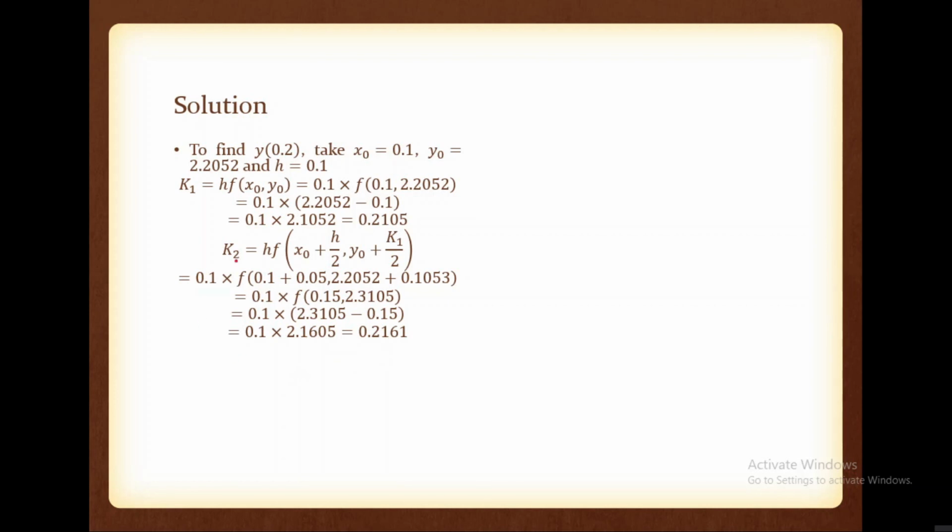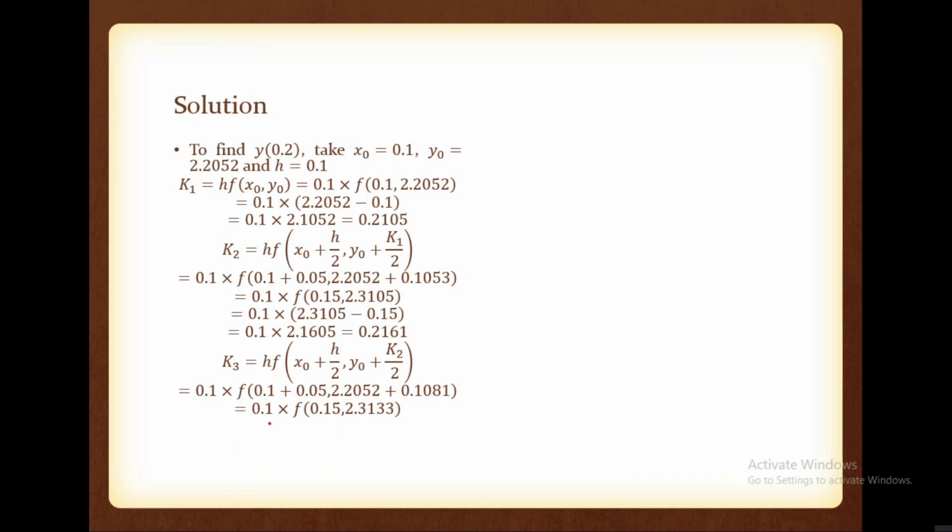So this is k2. Now k3 is equal to h into f of x0 plus h by 2, comma y0 plus k2 by 2. We already have x0 plus h by 2, that is 0.15. Now we have to find y0 plus k2 by 2, that is 2.2052 plus 0.2161 divided by 2, so k2 by 2 is 0.1081.